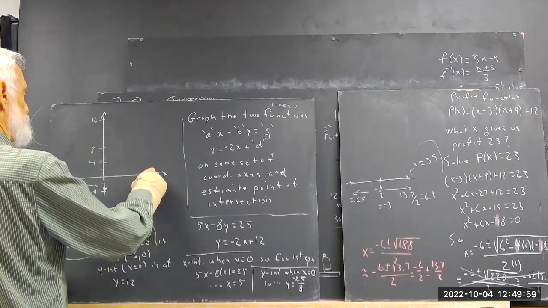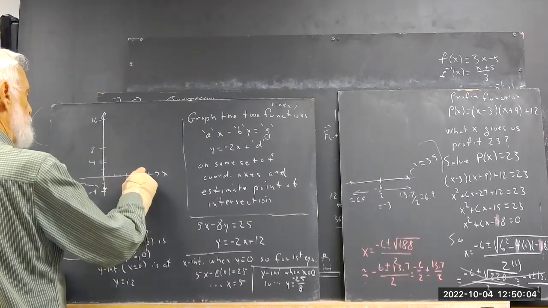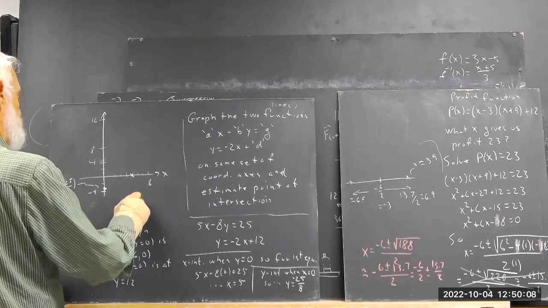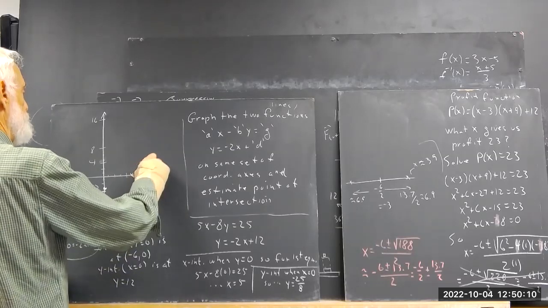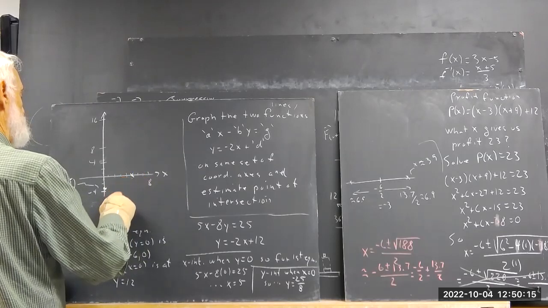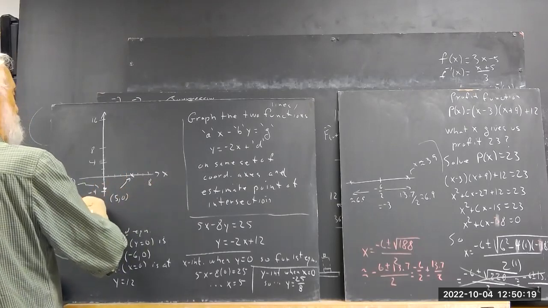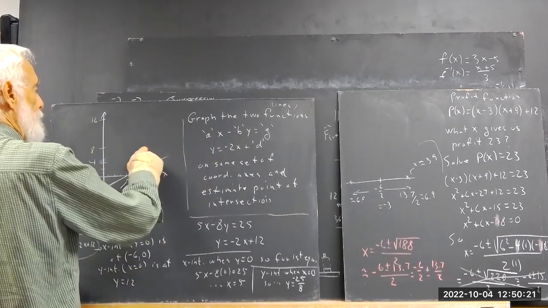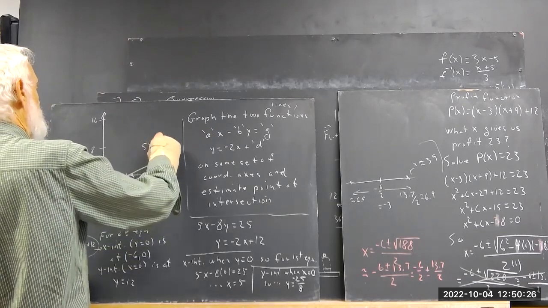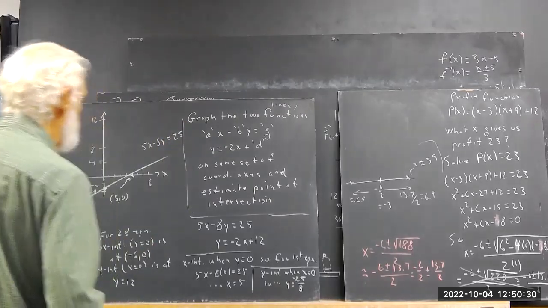So I'll put 8 here. So 4 goes here, 2, 1, etc. Here's 5. And here's my first line. This is the graph of 5x minus 8y equals 25.